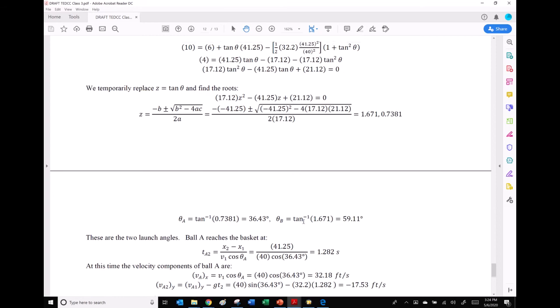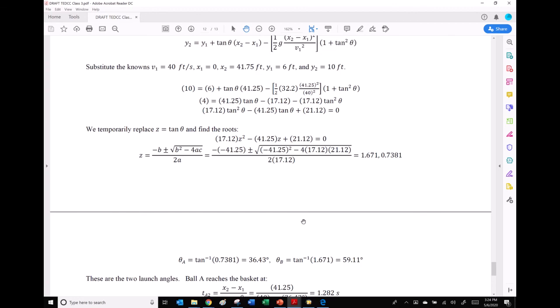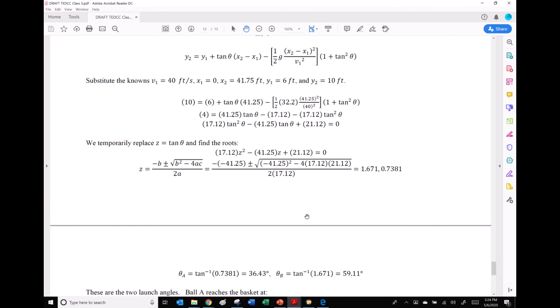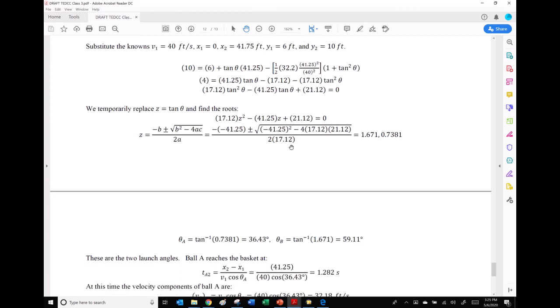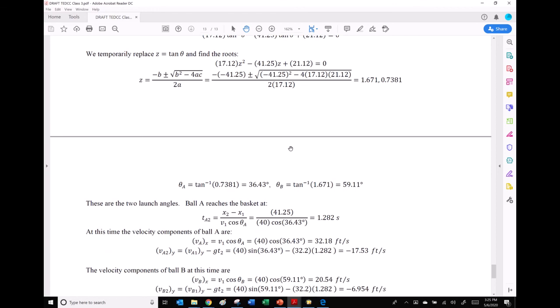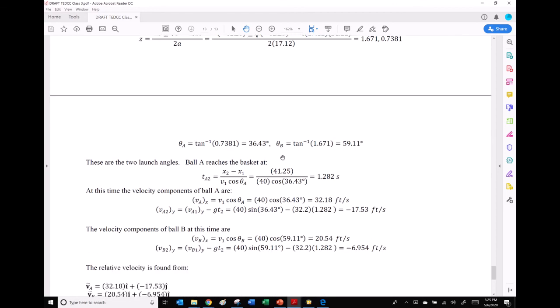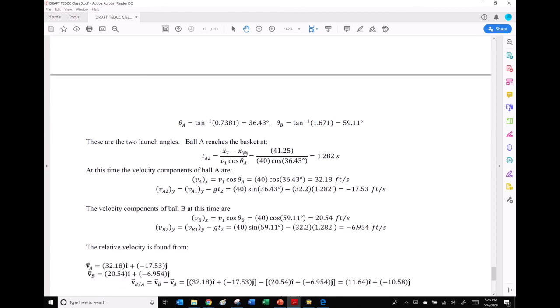And it didn't matter what the initial velocity was; we did know the initial velocity. The initial velocity was given. So at that velocity, there are two separate angles that we could shoot it at. So what you could do is find the time when one of them is going to reach the basket, and the one with the smaller angle is going to reach the basket first.